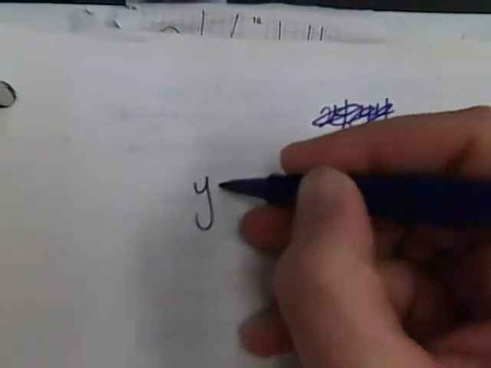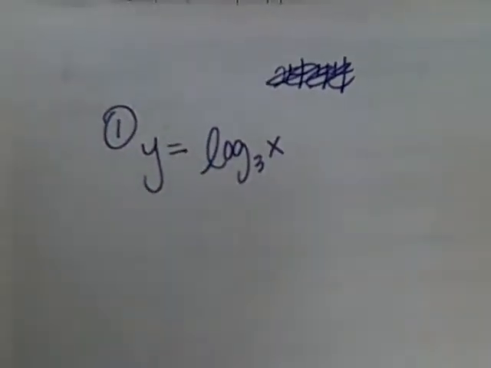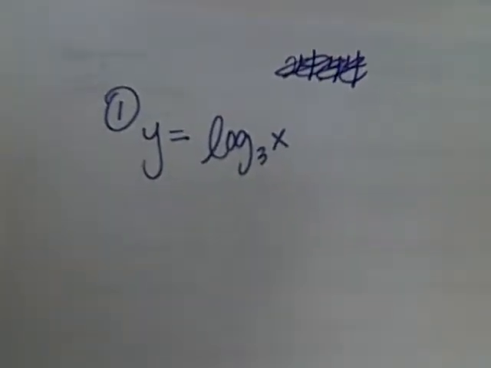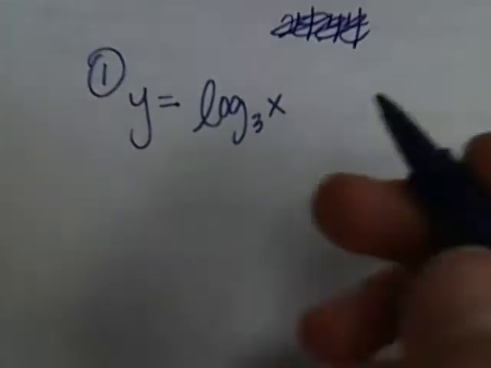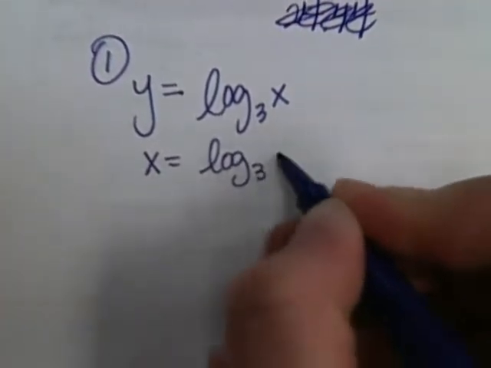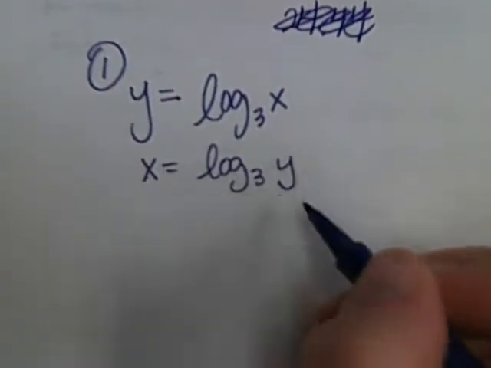So we have y equals, the first one, log base 3 of x. We should know from chapter 7 that to find an inverse, we first switch x and y. So we have x equals log base 3 of y, okay? But then I'm trying to get y by itself.